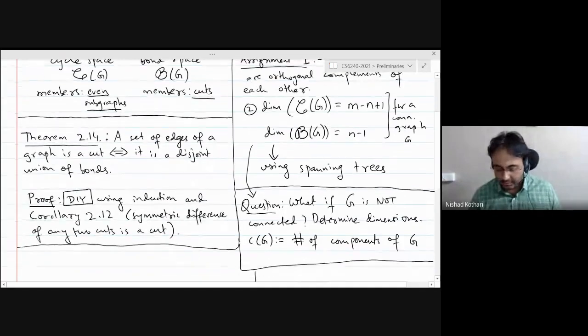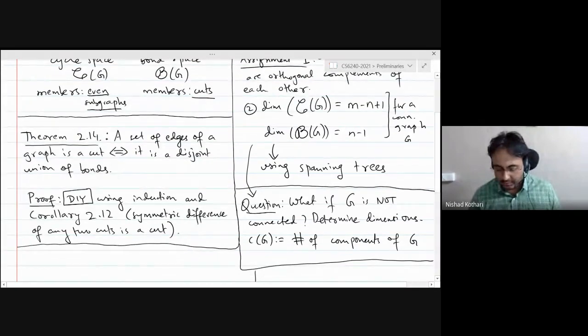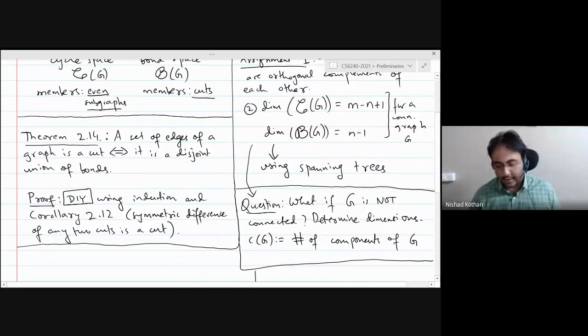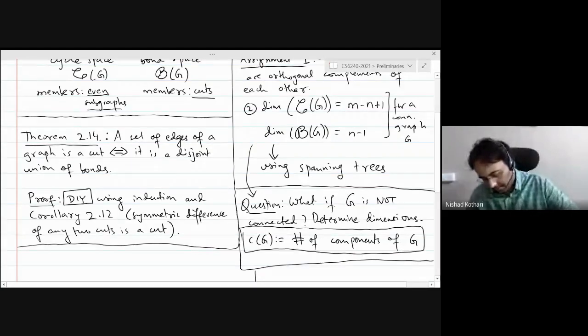I would suggest that you determine the dimensions of the cycle space and the bond space if the graph is not connected. You don't have to turn it in. And you might need the following parameter, which is the number of components of the graph. So they play a role in the dimension formula.